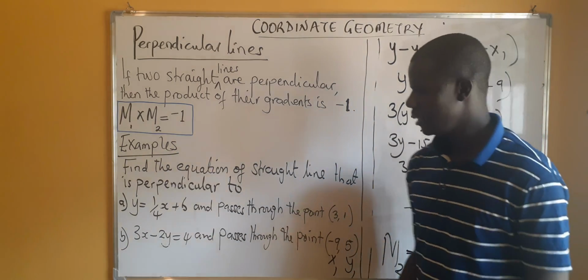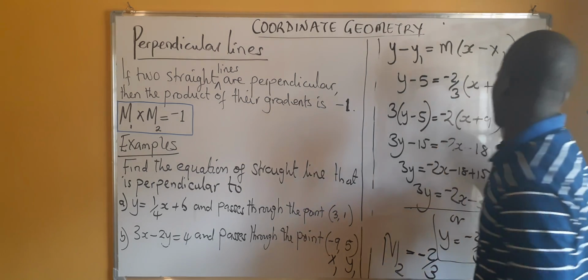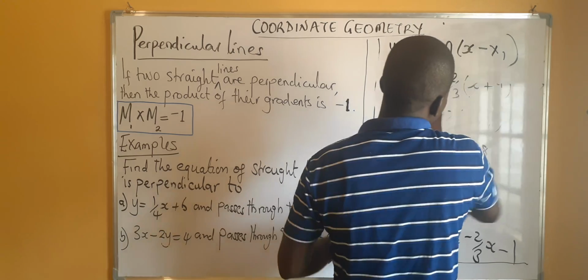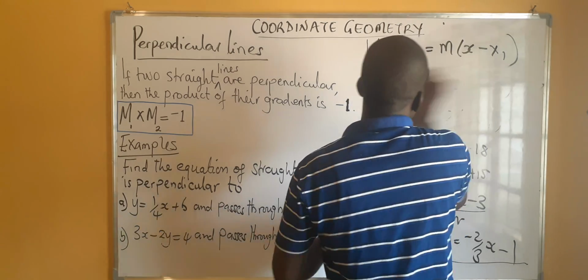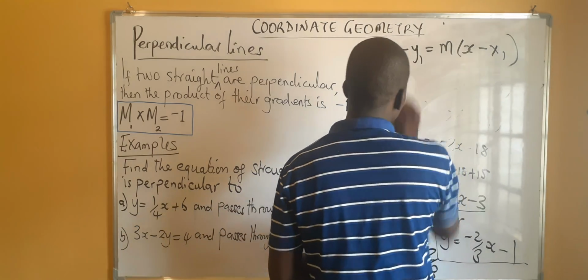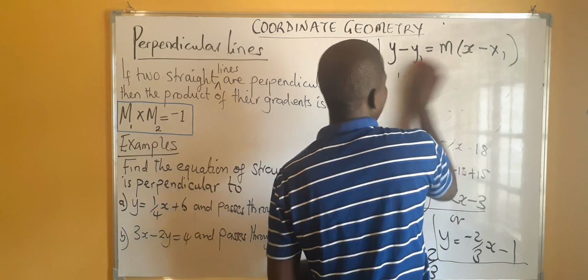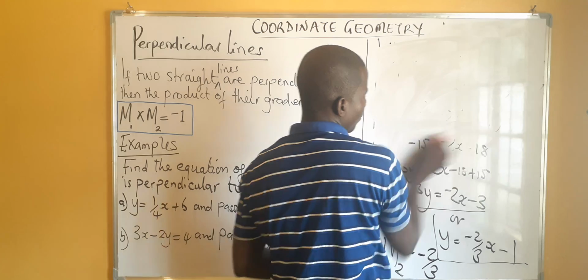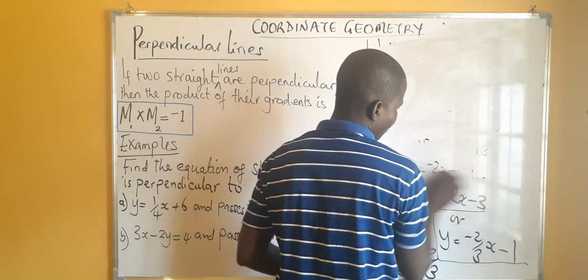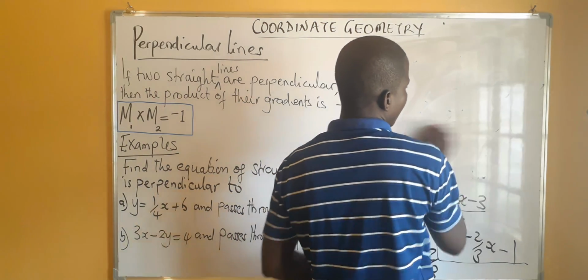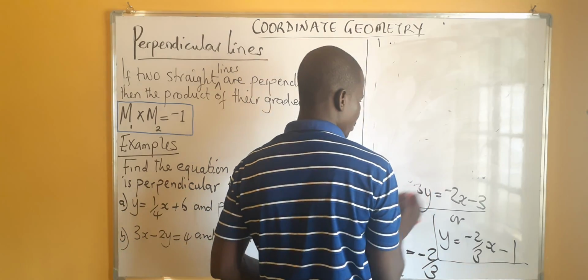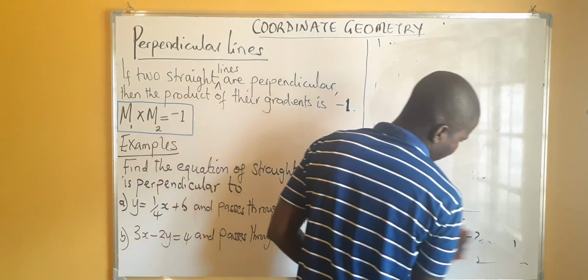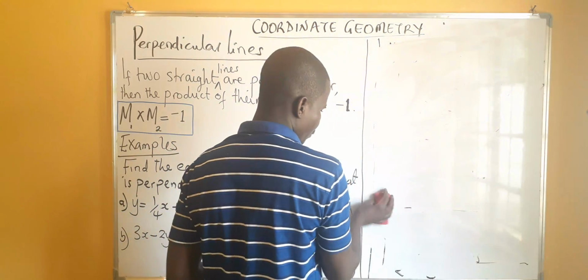I don't expect you to have any challenge with these things. You'll be asked to do a number of questions here, and I believe you just have to repeat the process that we have carried out here, and that will make it easier for you to give the correct answer.